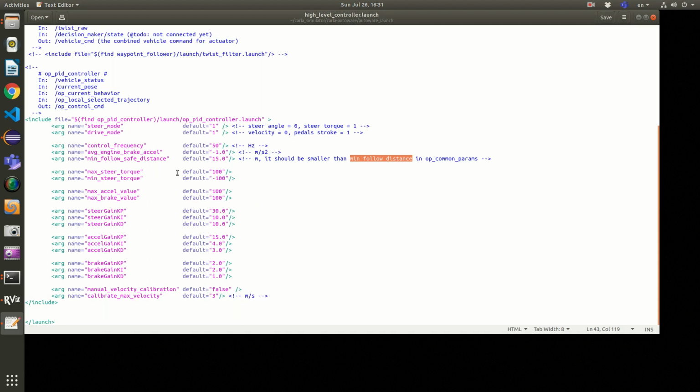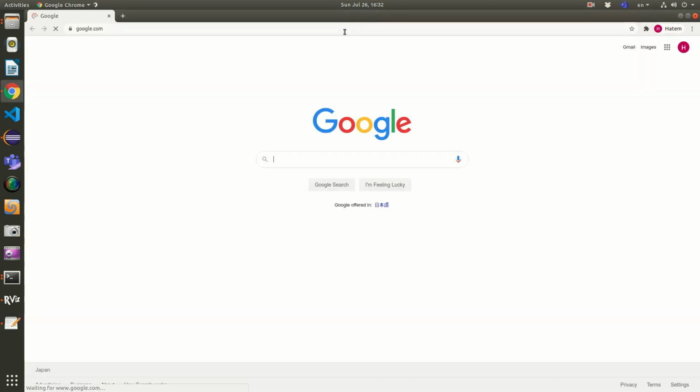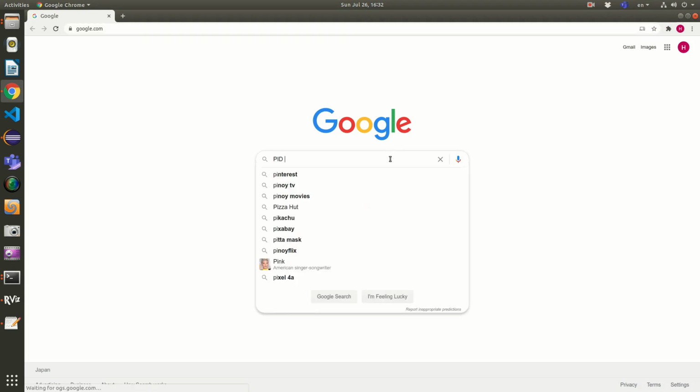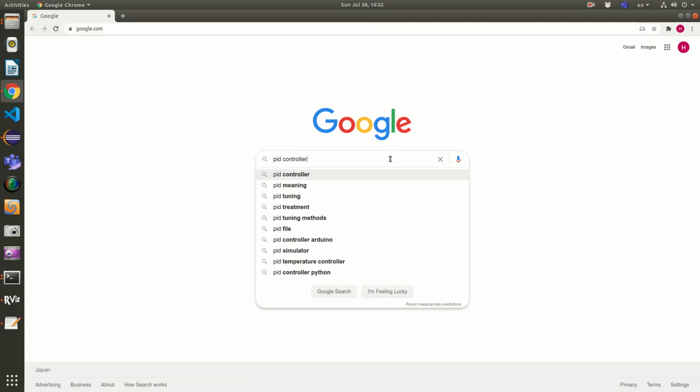These are the PID target signal and the PID gains. People who have experience with PID controllers know what these parameters mean. But if you are new to PID controllers or you need to refresh your knowledge, you can go to the PID controller wiki page.